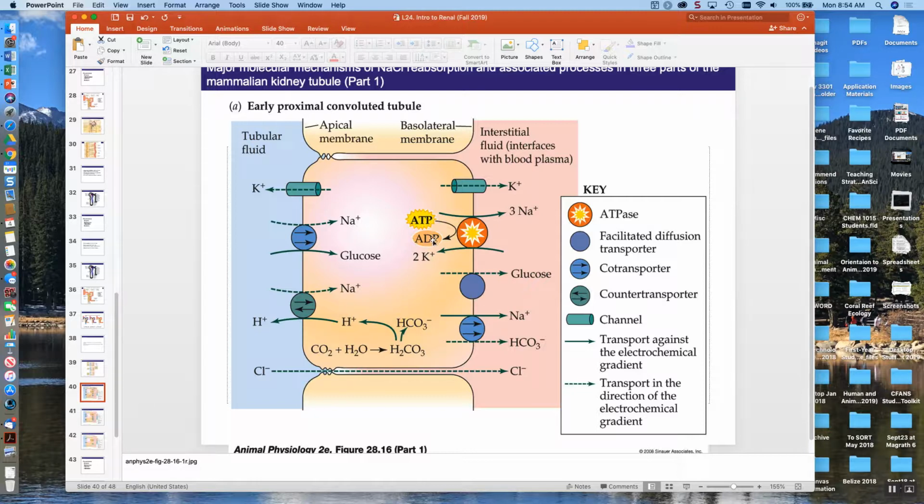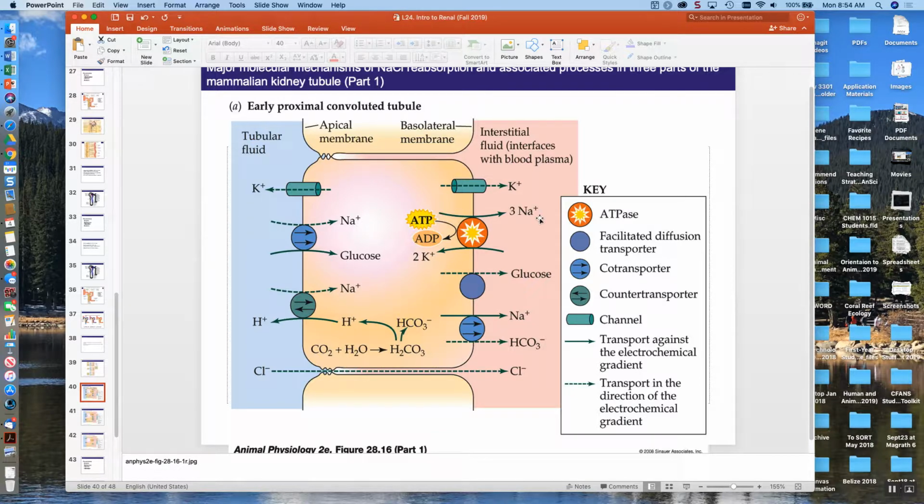It uses ATP to pump sodium out of the cell. It's interesting that in most of your cells, the pump is always on the basolateral side. Sometimes it's used as a marker just to identify the basolateral side. So the pump is always on the basolateral side.